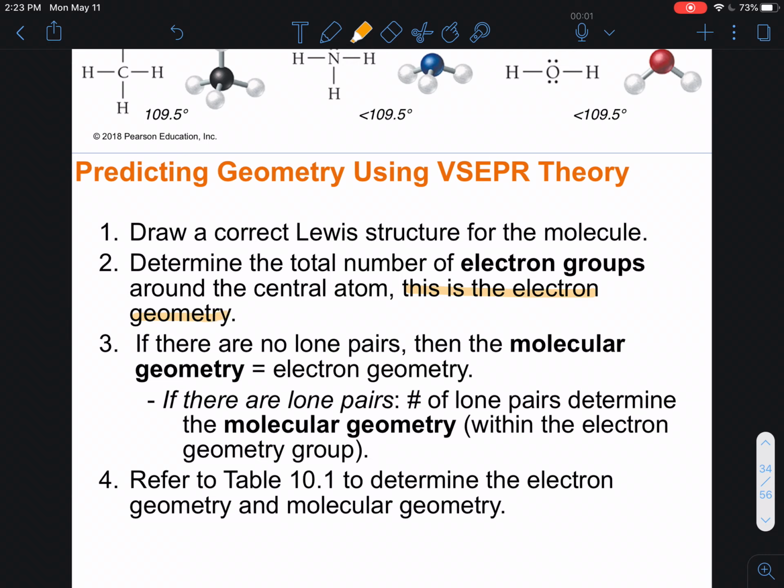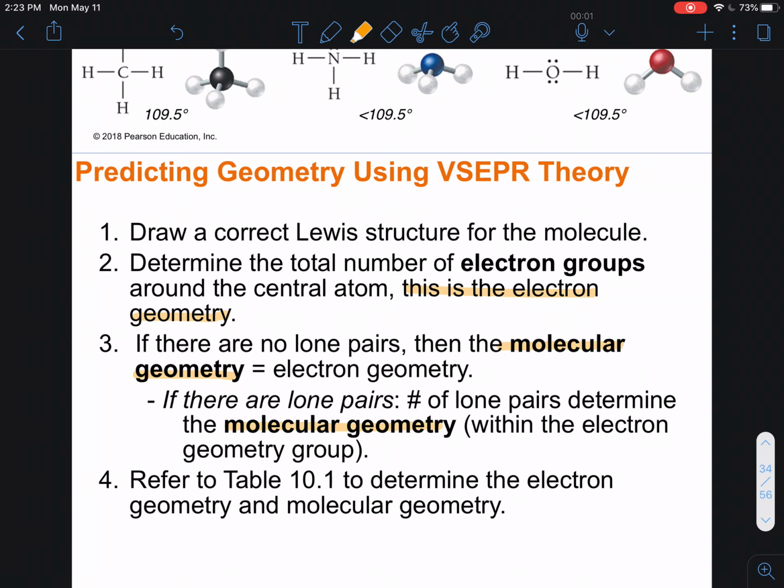Then we refined the electron geometry further by determining the molecular geometry. If there are no lone pairs around the central atom, then the electron geometry is the molecular geometry. If there are lone pairs, the number of lone pairs determines the molecular geometry.